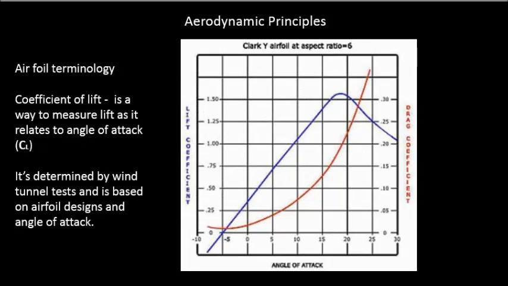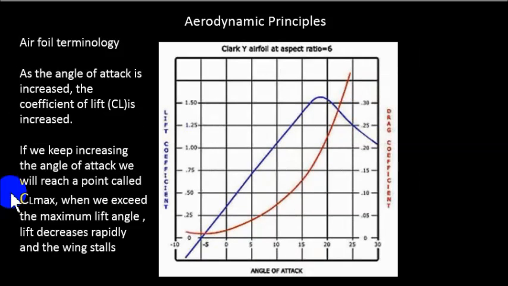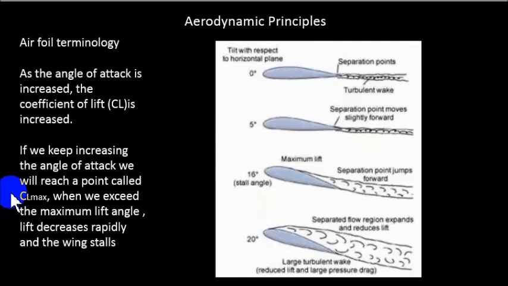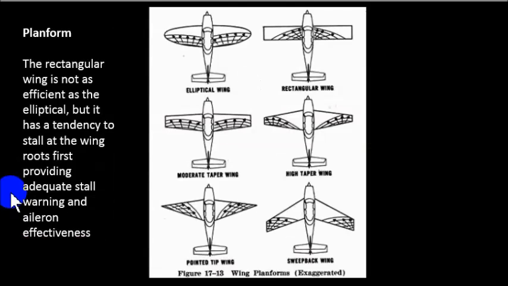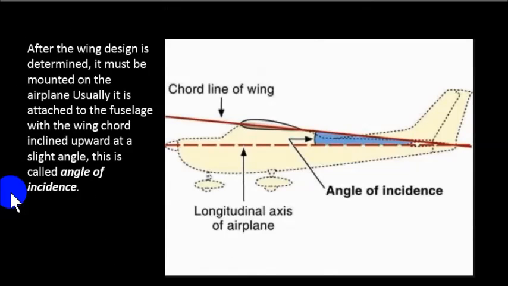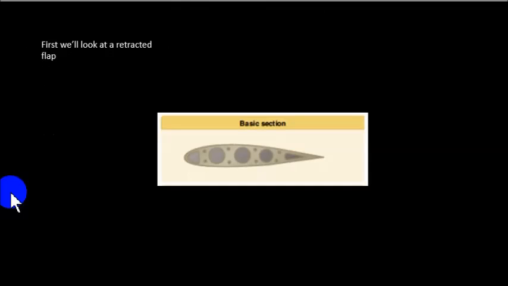We talked about coefficient of lift, how we hit what's called CL max, and then we actually lose lift if we keep increasing our angle of attack. So if you're not an F-15 or F-16, we won't be doing that with our airplanes, will we? No. We talked about stalls, airflow separation, aspect ratio, planforms, angle of incidence, flap types.